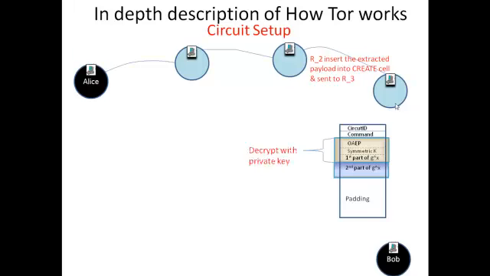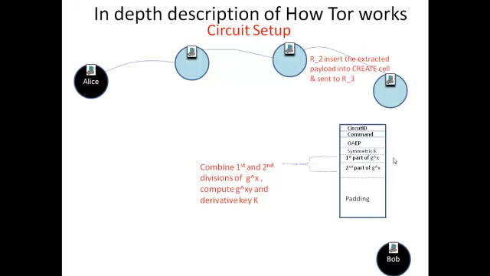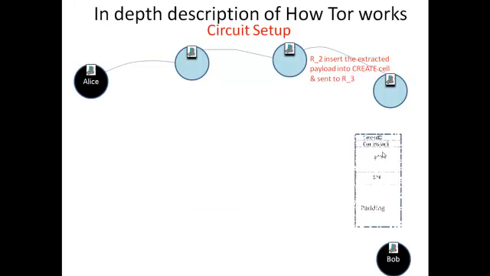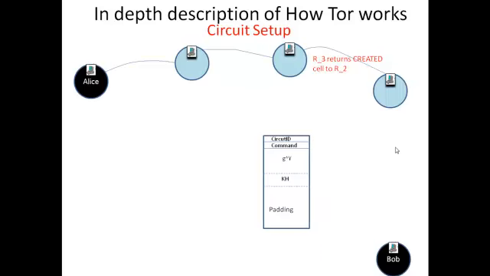The last node will use its own private RSA key to decrypt the first layer, as it was encrypted with its public key before, and then compute its own Diffie-Hellman part of the protocol, create a created cell, and send it back to relay number 2.